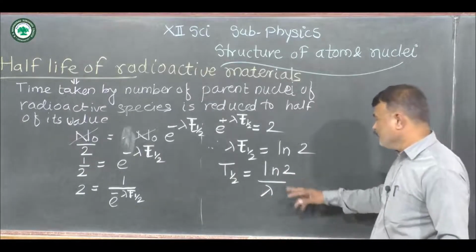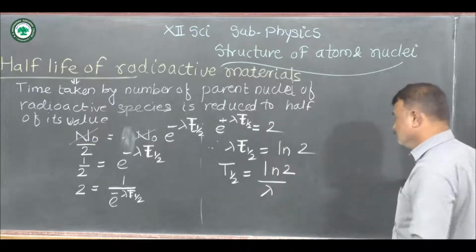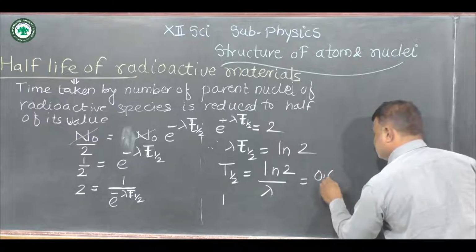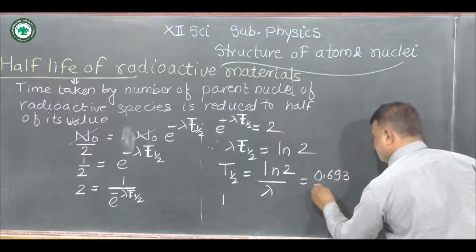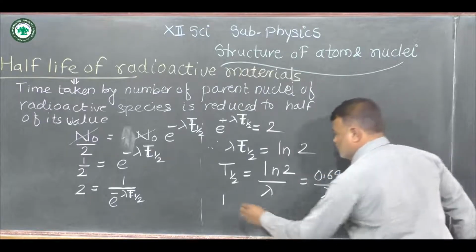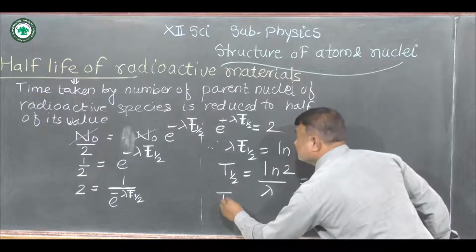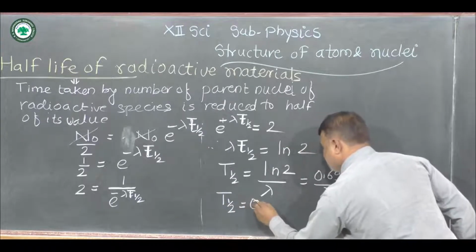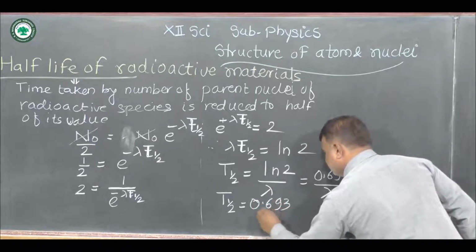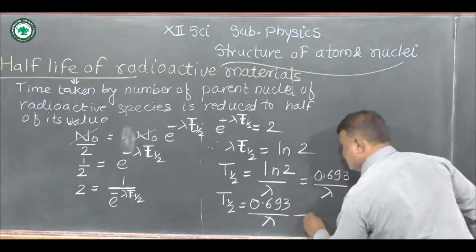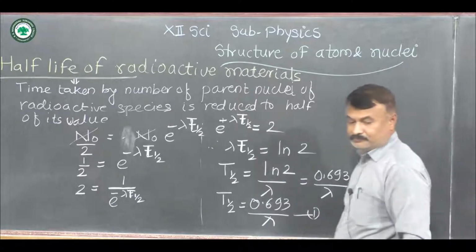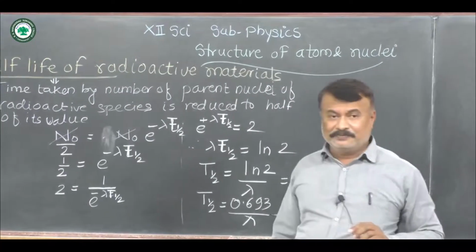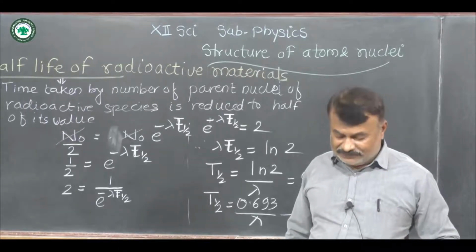By using log table, we find out log of 2, and this log of 2 is equal to 0.693 upon lambda. So we get half-life time T half is equal to 0.693 upon lambda, equation 1. So in this way we get half-life of radioactive material.